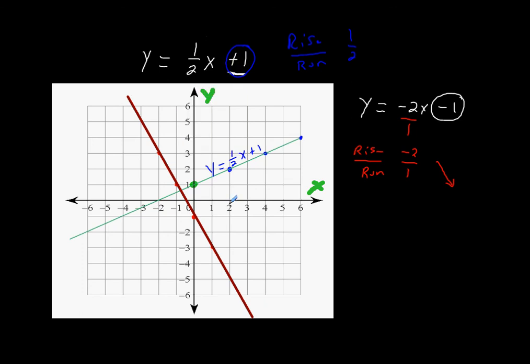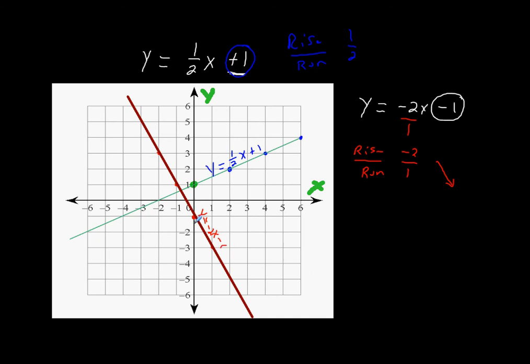This one is y is equal to negative 2x minus 1.